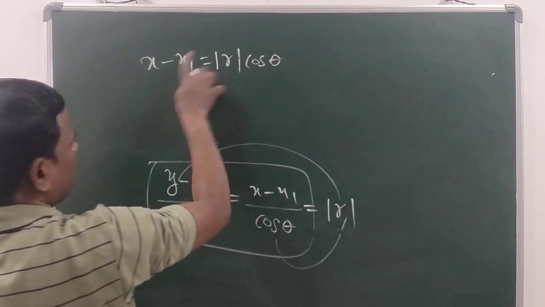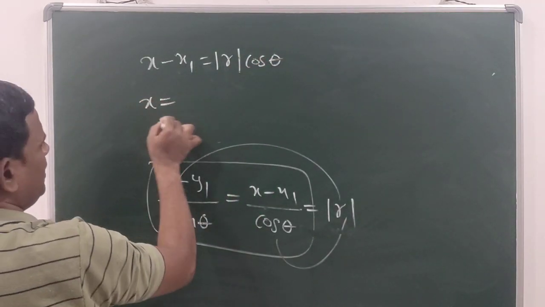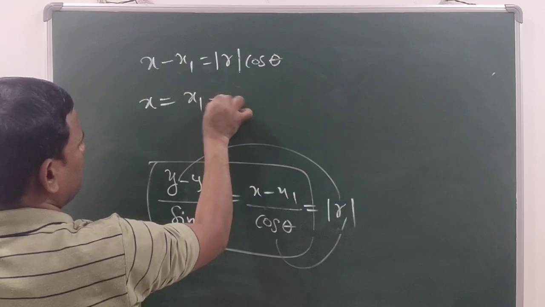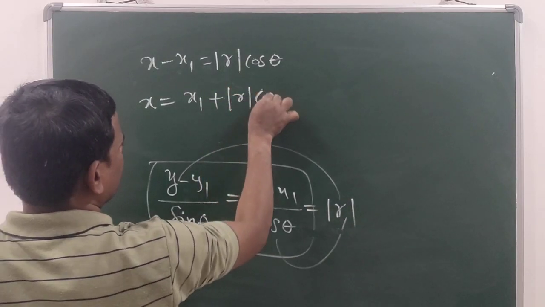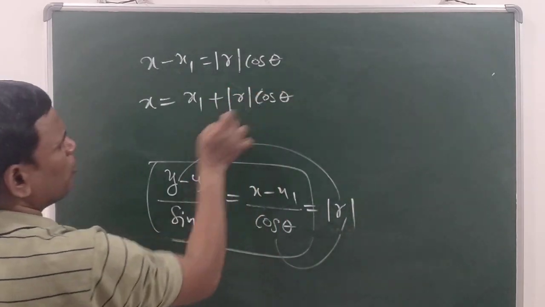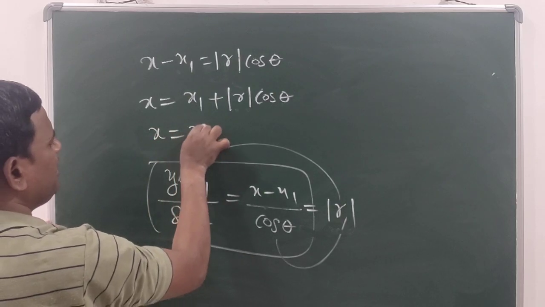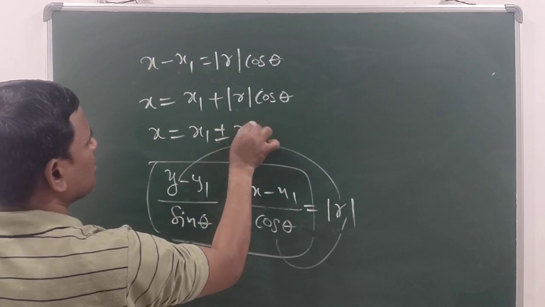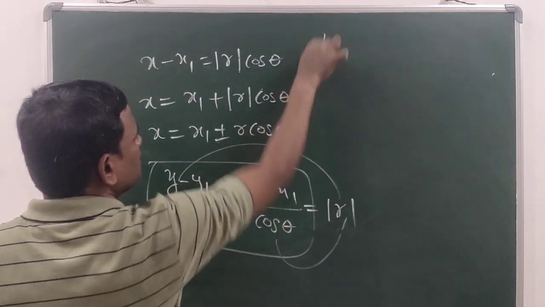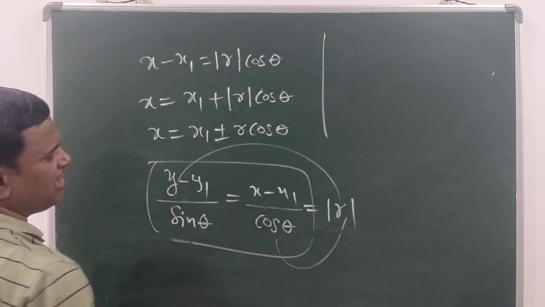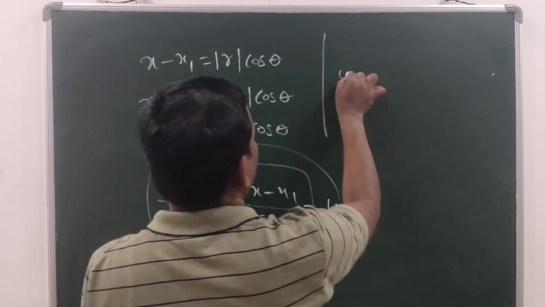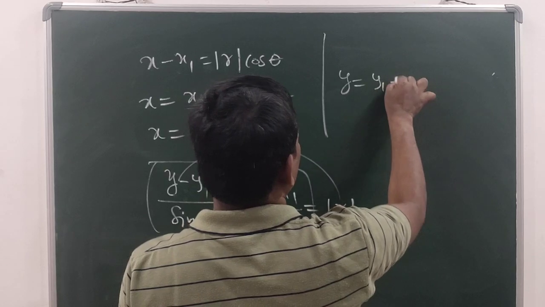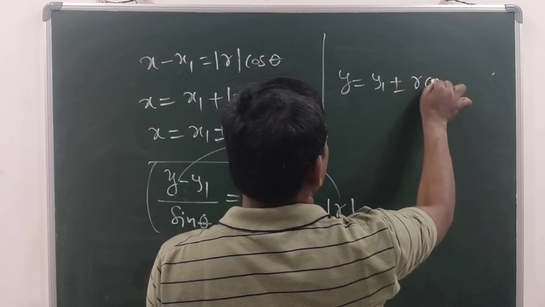When you transfer x1 to the right side, x equals x1 plus mod r cos theta. When you remove the mod symbol, you have to write x1 plus or minus r cos theta. Similarly, when you equate first and last, you will get y equal to y1 plus or minus r cos theta.